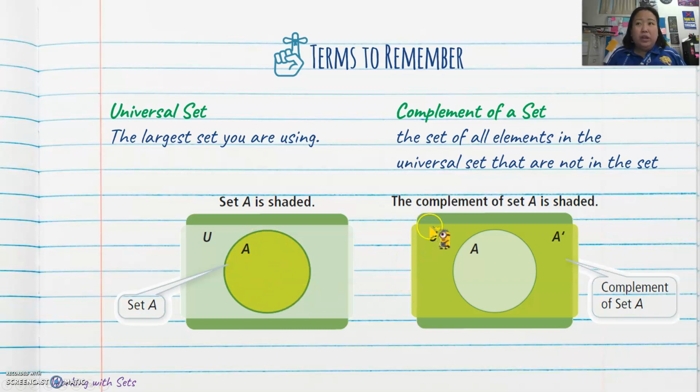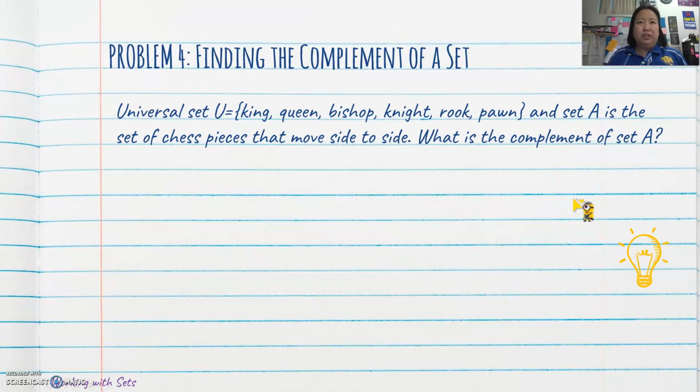It's going to be the part of the rectangle that is not inside the circle, and we use an apostrophe to represent the complement. Just remember, complement is anything that is in the universal set that is not in a given set. Let's have some examples to make sure it's clear.